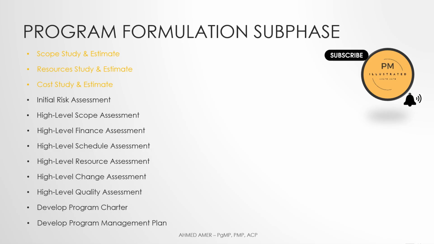This information may serve as an important input into the creation of the business case if it was not developed yet by the portfolio management body. However, if the business case was already developed prior to the program formulation phase, the business case gets reviewed and updated where applicable.